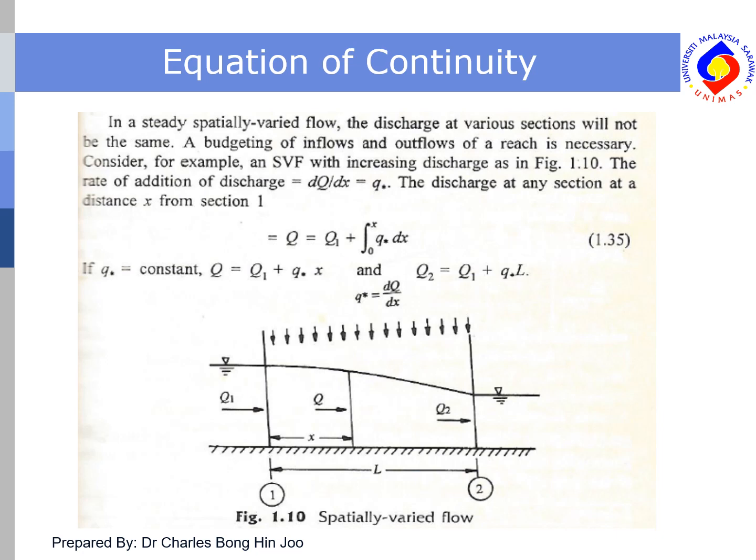But if Q asterisk is equal to a constant, equation 1.35 can be simplified to become Q equal to Q1 plus Q asterisk multiplied by x, which is the distance from section 1. And at section 2, Q2 is equal to Q1 plus Q asterisk multiplied by the length between the two sections.